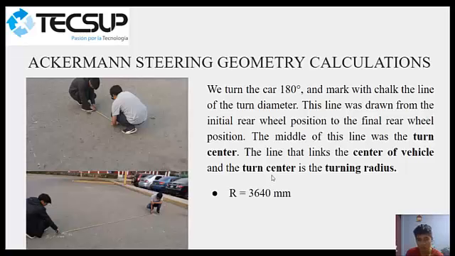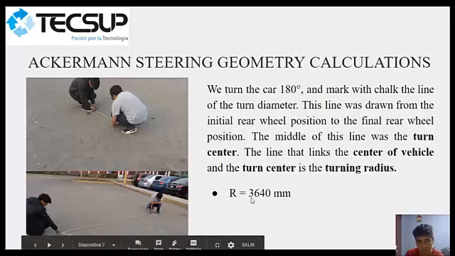And this line was drawn from the initial rear wheel position and the final rear wheel position. And we made these lines in the turn center, the center of the vehicle and the turn center and the turning radius. And finally, the radius is 3000 and 50 and 54 mm.